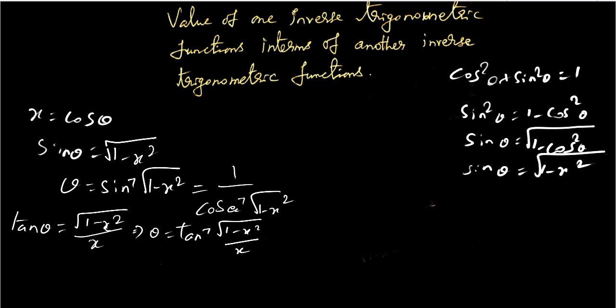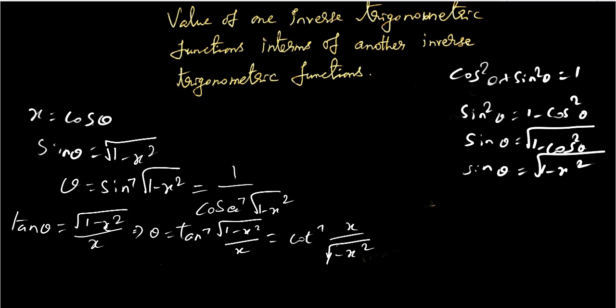If we bring this tan to the right hand side, theta equal to tan inverse of square root of 1 minus x square by x. From this we can arrive at cot theta also. Cot inverse is the reciprocal of tan inverse, so that is equal to cot inverse of x by square root of 1 minus x square.